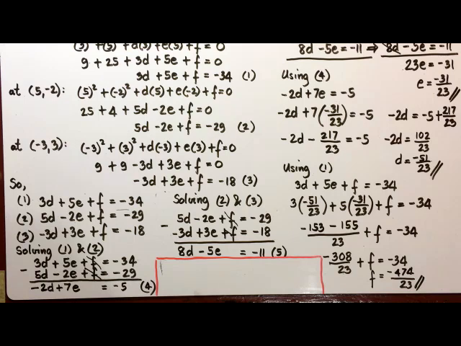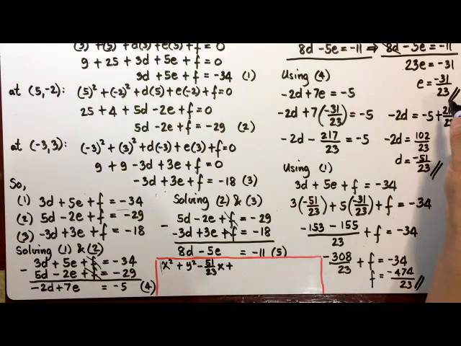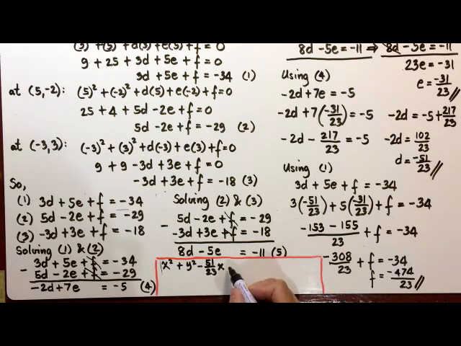So the general equation formula is x squared plus y squared plus dx, but my d is there, which is -51 over 23 x plus ey, and my e is still negative, so I will have -31 over 23 y plus f, and my f is still -474 over 23 is equal to 0.